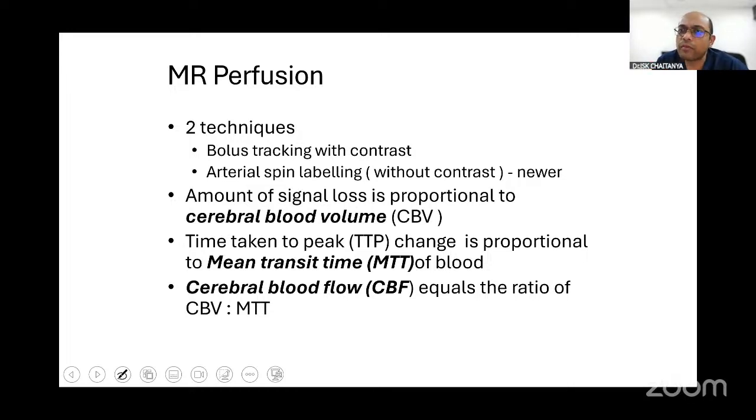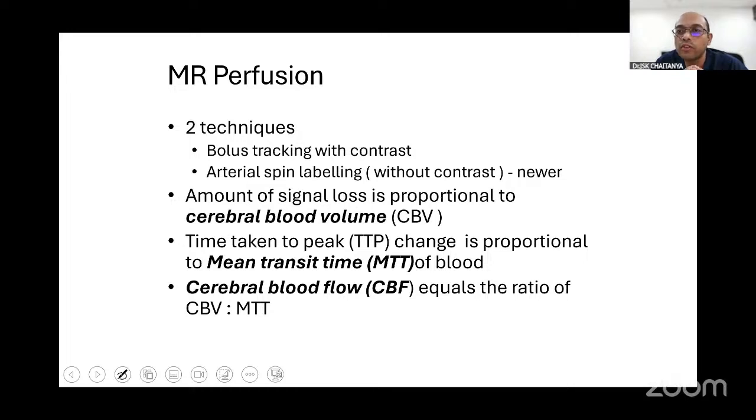There are a subset of patients where the real time window is unknown, when they wake up with stroke or reach the hospital 7 or 8 hours later. Now the trials have been supportive that revascularization of the ischemic area can be attempted up to 24 hours. But for that, you need to choose the right patient. How do you choose? We need to see how much of the ischemic area is core. Core means there is irreversible injury.